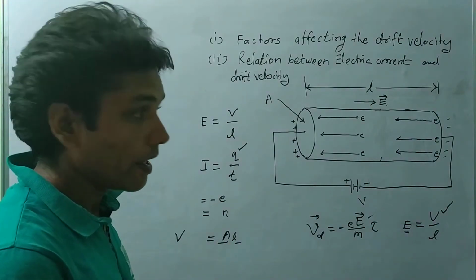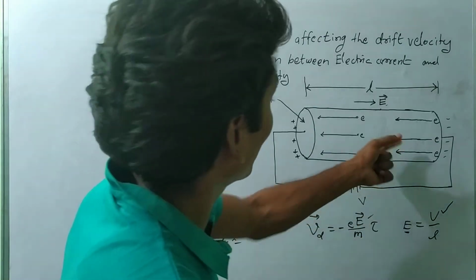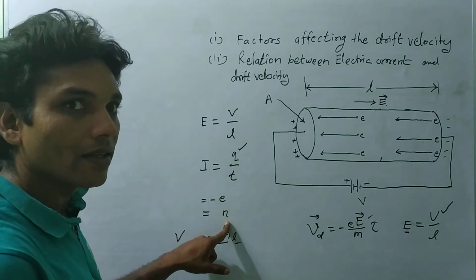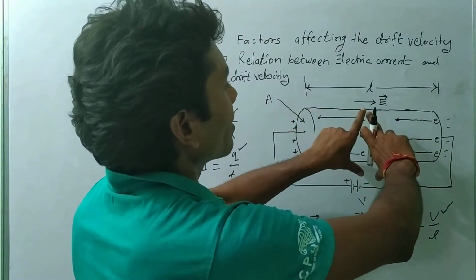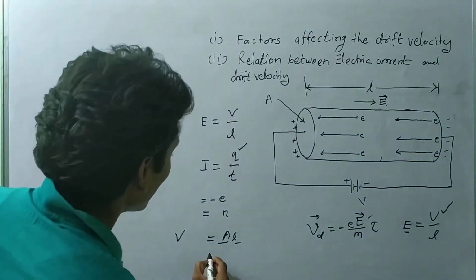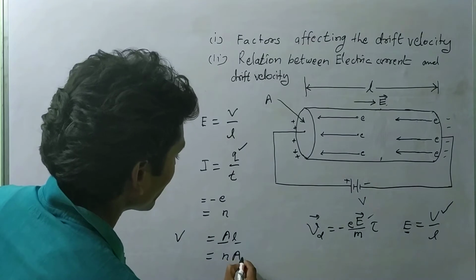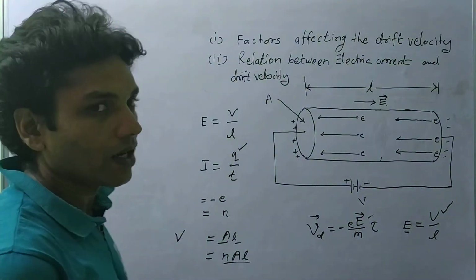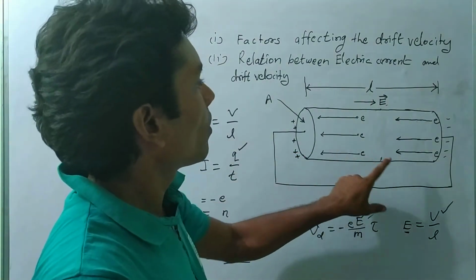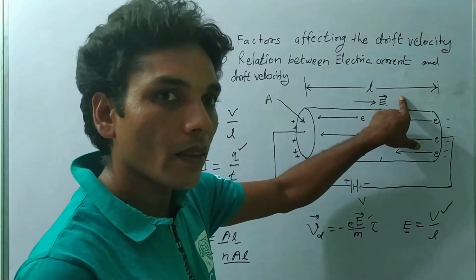If the number of electrons per unit volume is n, then the total number of electrons inside the conductor of length L will be n into AL.